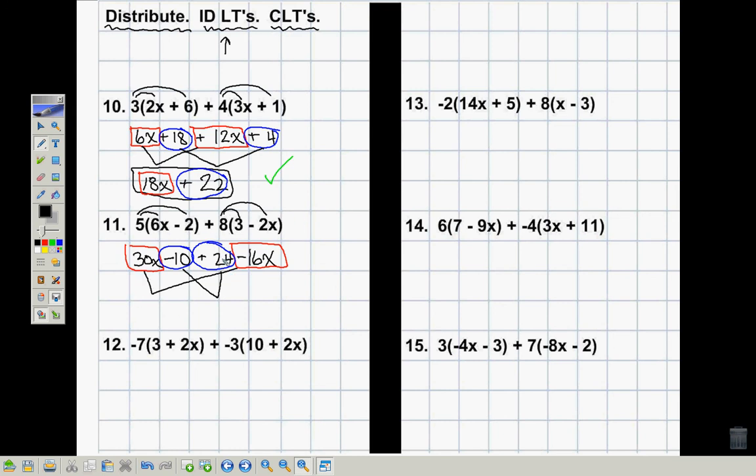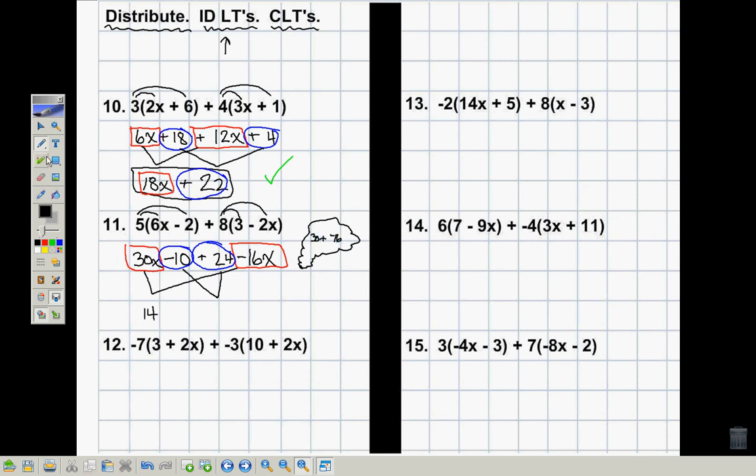So 30 and negative 16. In your head, this is your brain space here, your thought bubble. You say, well, what is 30 plus negative 16? And you need to remember these signs are different, so you find the difference between them. The difference between those two numbers is 14. Now you have the question of, is it positive 14 or negative 14?